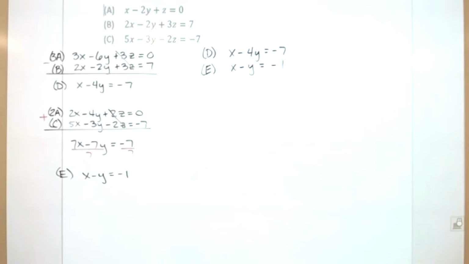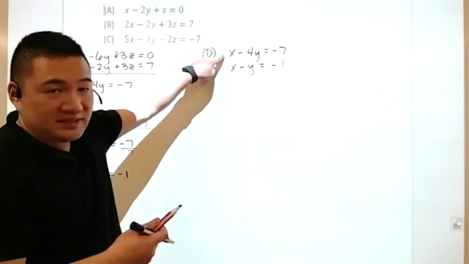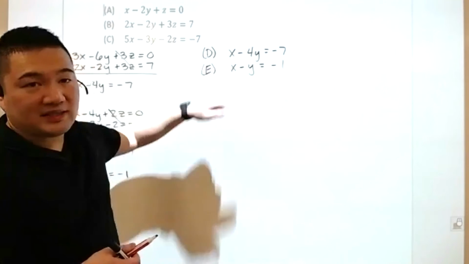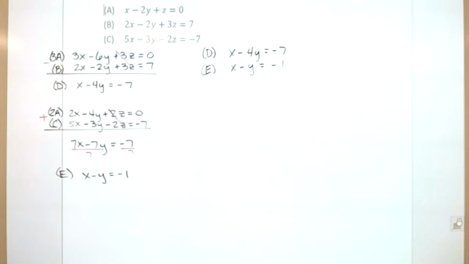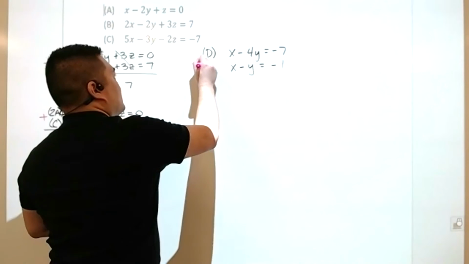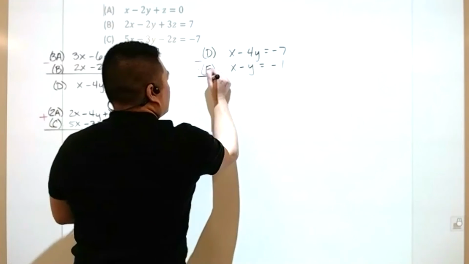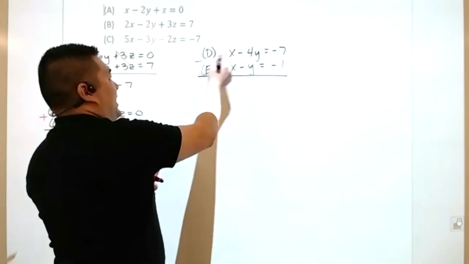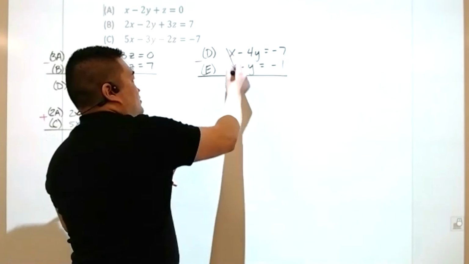This is now phase 2. Phase 2 is solving for either x or y through the process of elimination, just like you did in the last section. And luckily, I see that this is a single positive x, and this is a single positive x. I don't need to do any multiplication, right? They already match. So I could just go ahead and subtract. So I've got x minus this x.